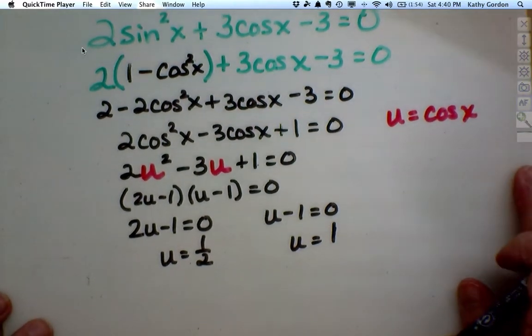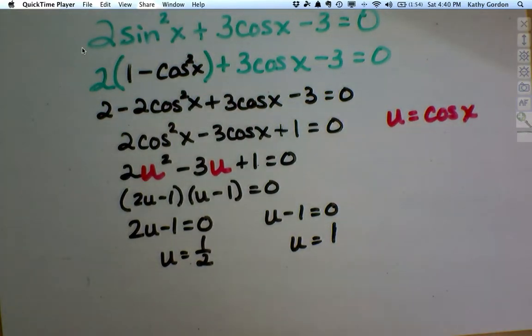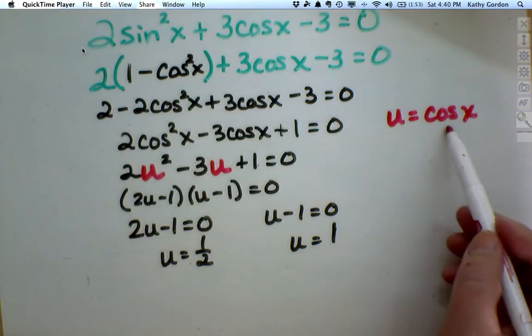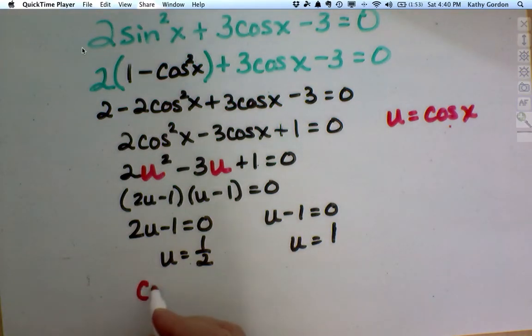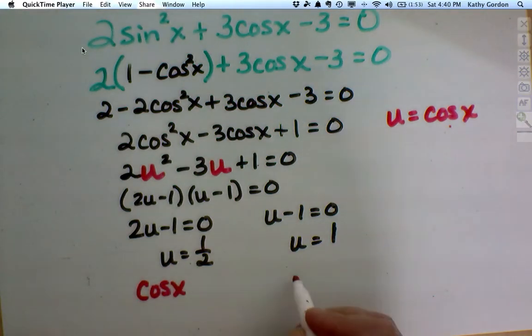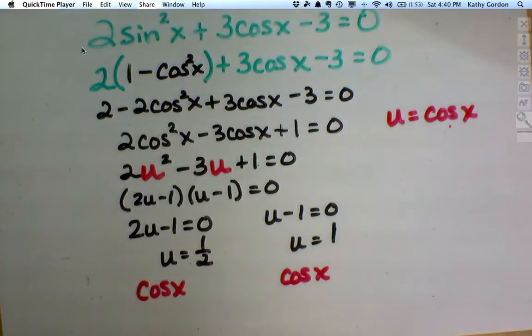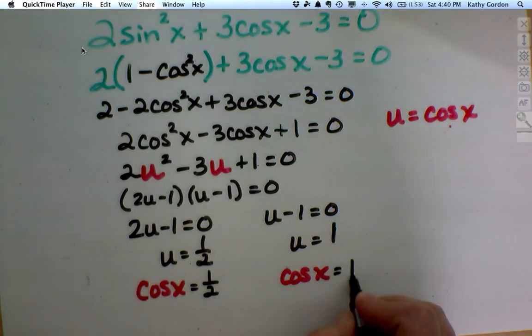So we've solved for u, but it's not u we're interested in, it's x. So now we have to substitute cosine back in for u. So now I have cosine x in place of u, and cosine x is going to have to equal 1/2 or 1.